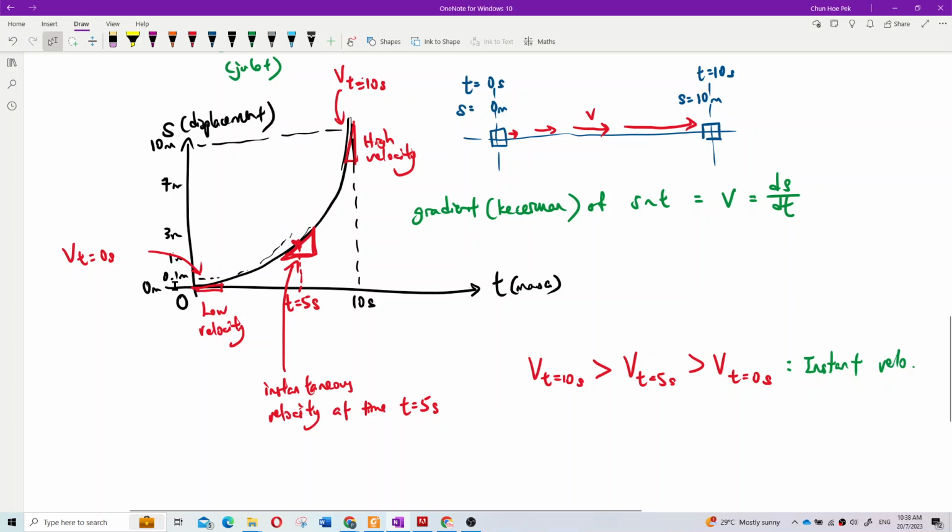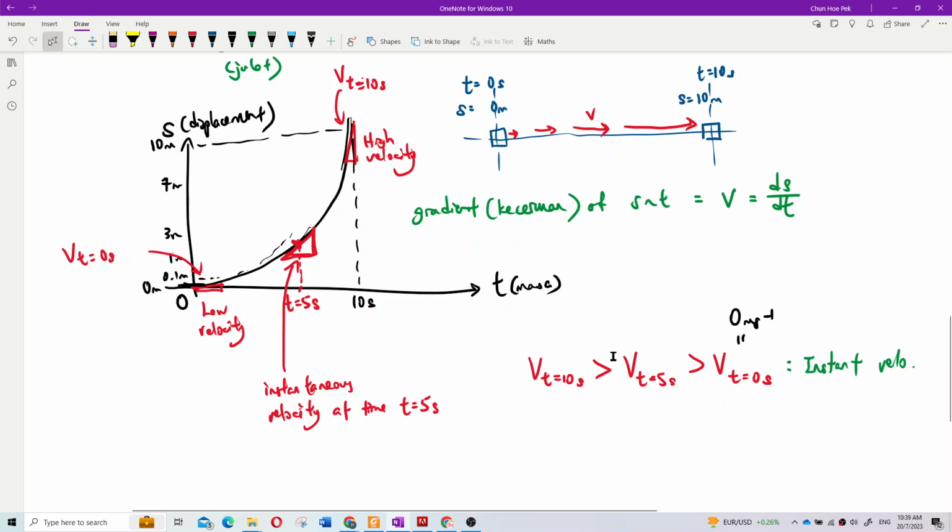I think 0 saat dia garis melintang kan. Kalau melintang means zero velocity. 0 meter per second. It means start from stationary. Objek pegun. Awal-awal objek pegun. Then dia mula bergerak. Okay.